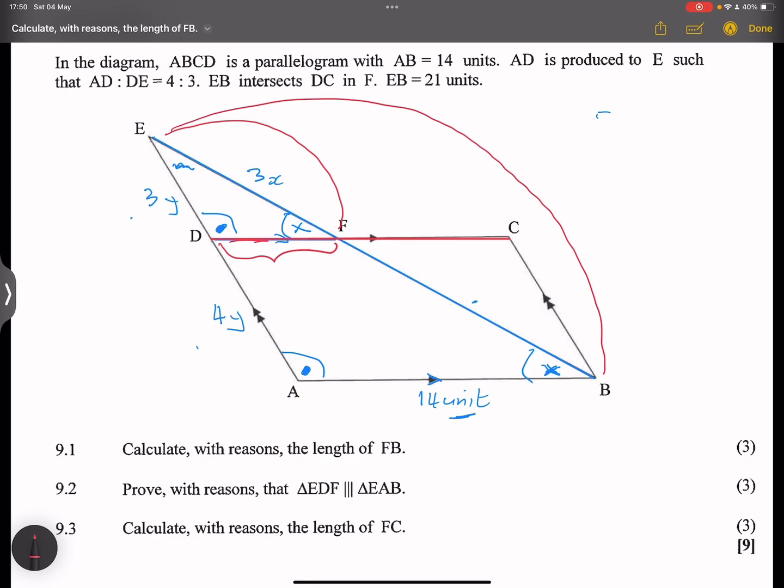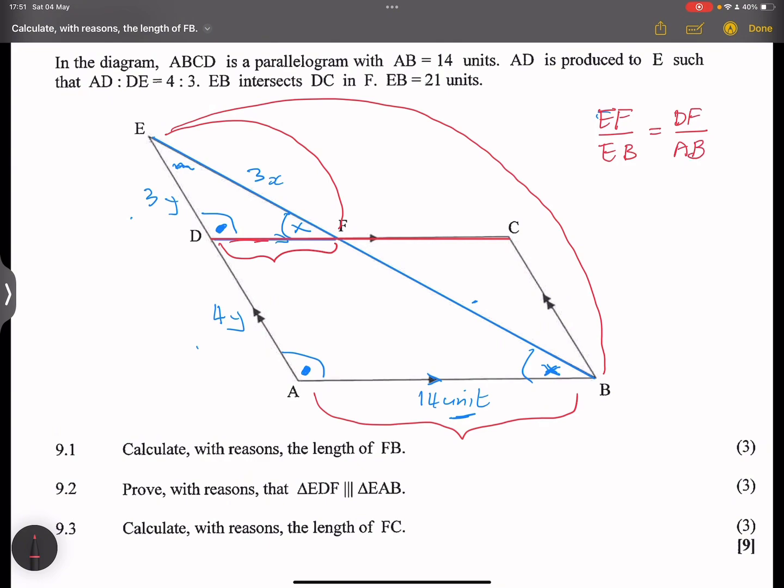So I'm going to say EF over EB is equal to DF over AB, right?